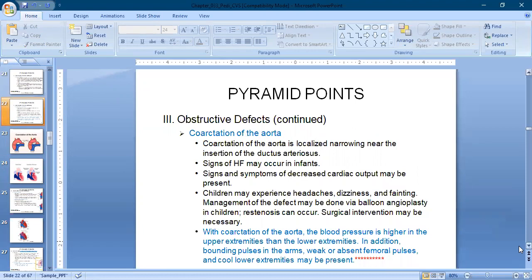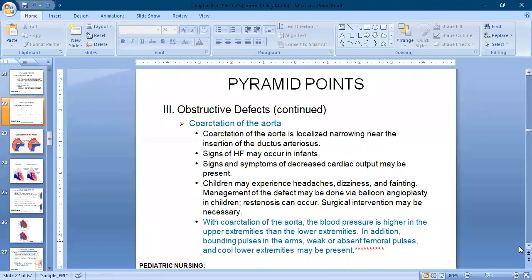is basically elevated blood pressure and also bounding pulse in the arms, and decreased blood pressure and pulse in the lower legs, along with cooler skin. So the NCLEX board asks a question: in case of coarctation of aorta, the blood pressure is higher in the upper extremities, meaning blood pressure in the two hands is higher than in the two legs, right?